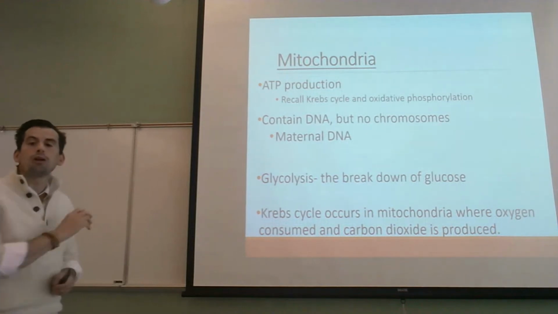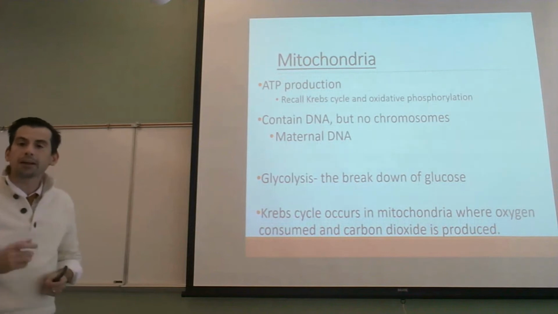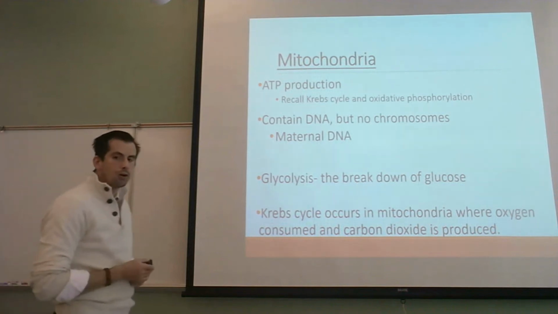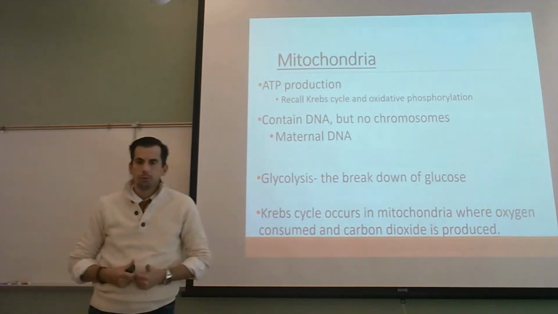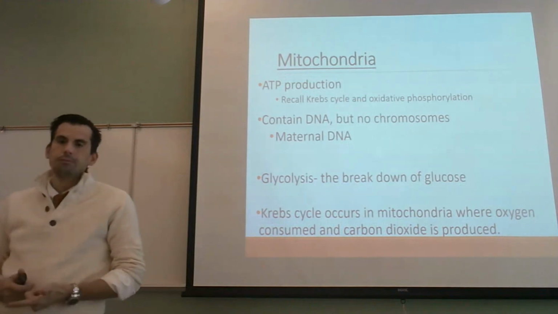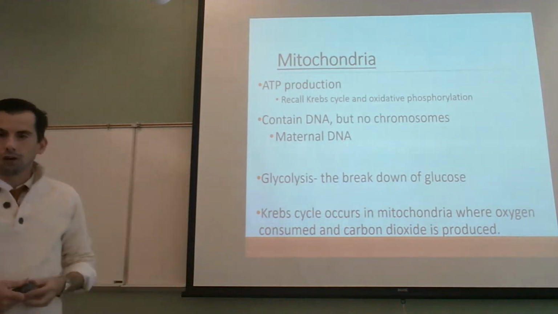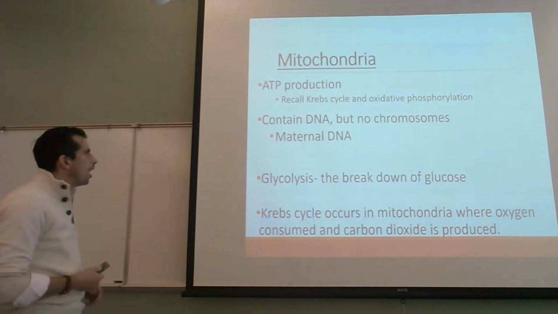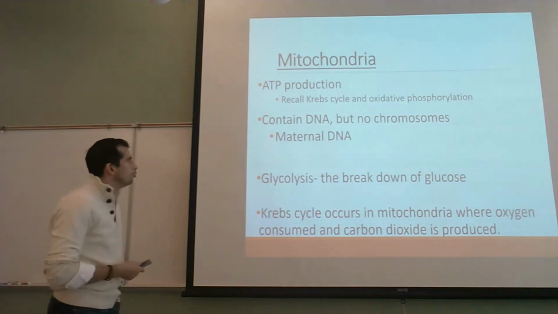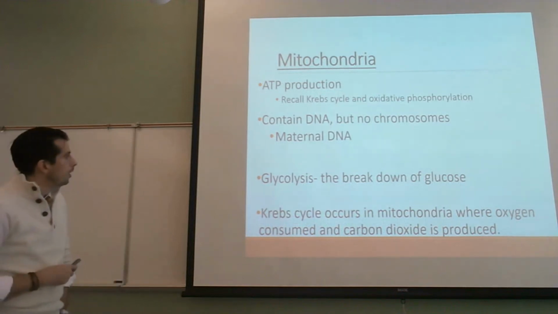The overwhelming majority of that came from activities inside the mitochondria with our Krebs cycle, our beta oxidation, and our oxidative phosphorylation. So the mitochondria is going to be known to produce ATP.